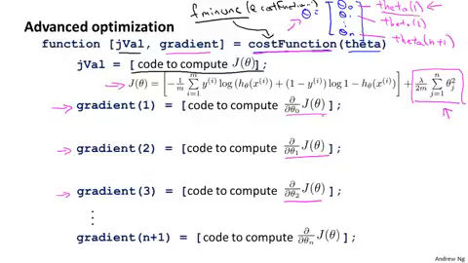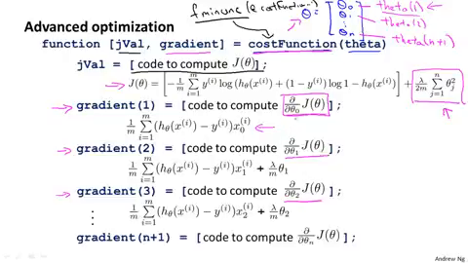Looking at these terms, this term over here we actually worked out on the previous slide. It's actually equal to this. It doesn't change, because the derivative for theta 0 doesn't change compared to the version without regularization. The other terms do change.